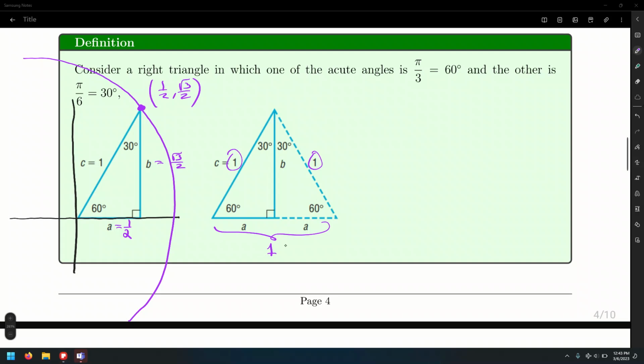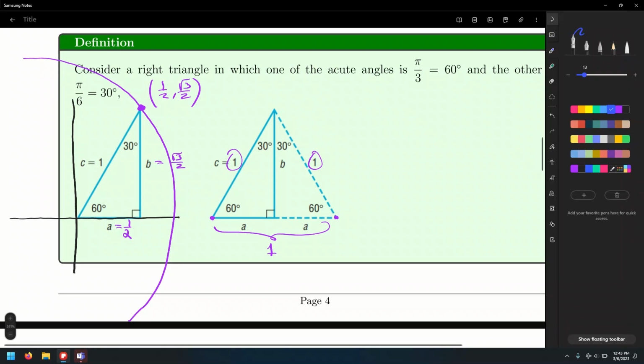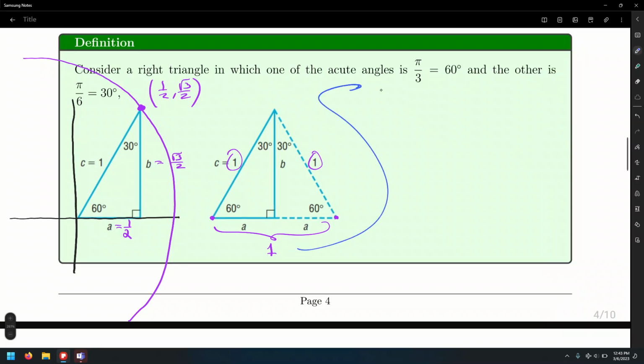This 1 right here is given in a special way. If this length from this vertex to that vertex equals 1, that means we can write an equation that says A plus A, which is how many A's? 2 A's. So from here, 2A equals 1.